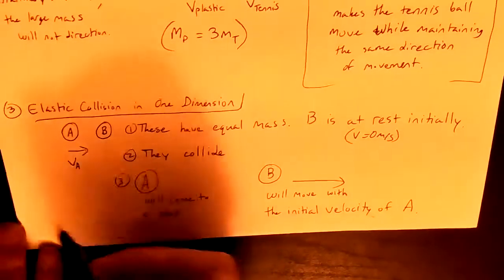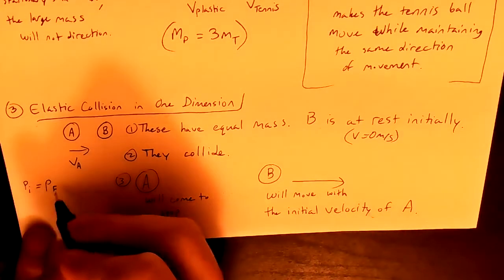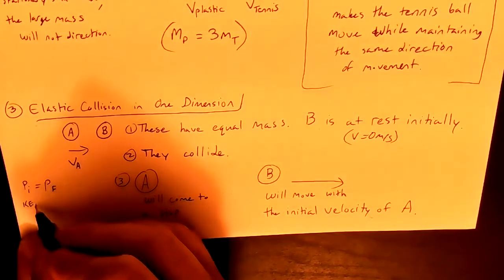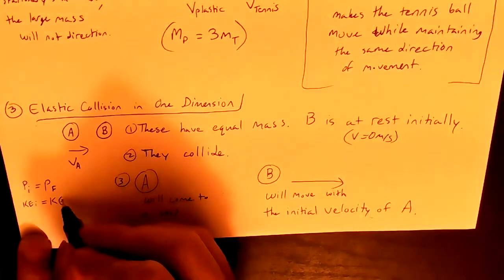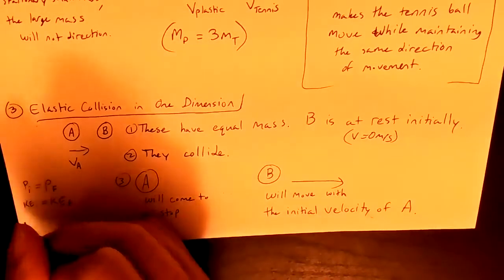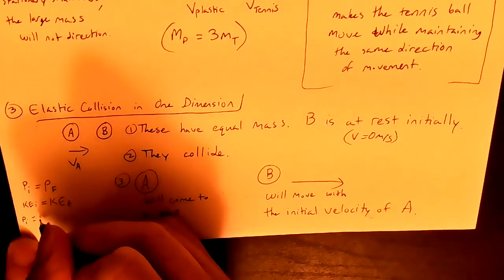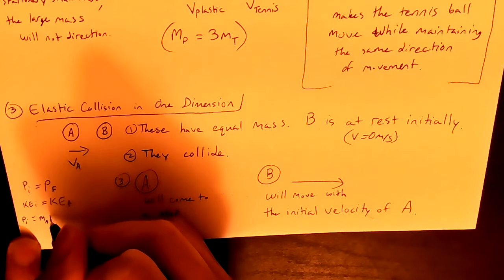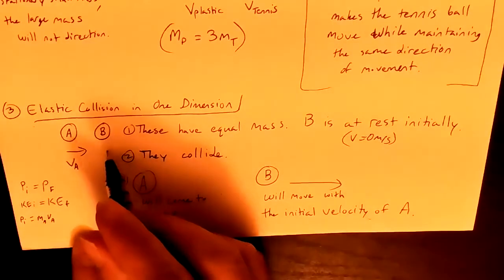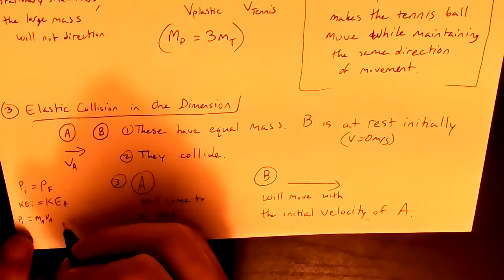And why is that? Well, we know that the momentums, initial and final, are equal, and we know that the initial kinetic energy is equal to the final kinetic energy. So for P initial, we have M_A times V_A, and B does not have momentum because there's no velocity right then. So that's what we get.